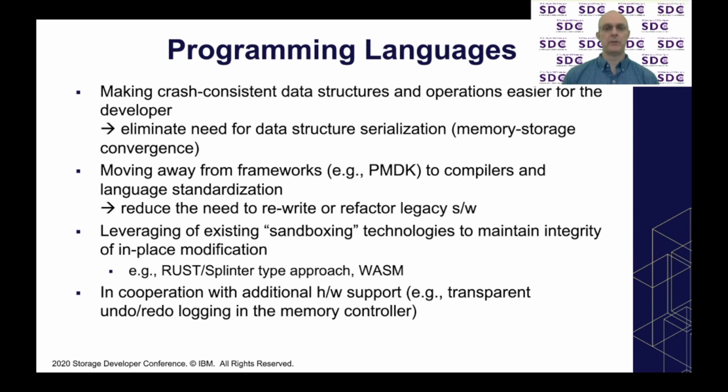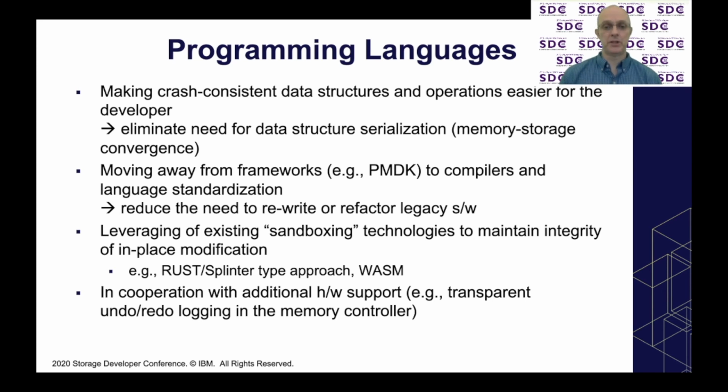Ultimately, what we want to be able to do is allow developers to use legacy and familiar data structures and eliminate the need for data structure serialization. This is realizing the memory storage convergence paradigm. We need to move to new languages and new compiler technologies which will take some of the onus away of making software crash consistent and dealing with the hazards of doing so.